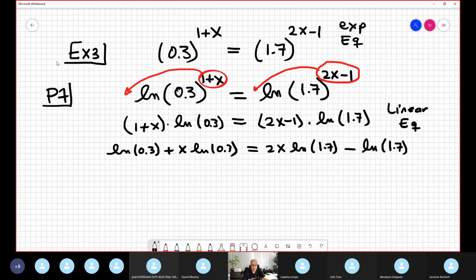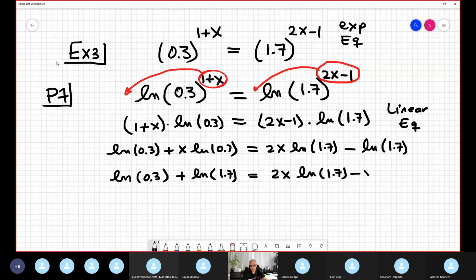Okay, my goal is, of course, x. So I try to group the terms that contain x to one side. Well, I recommend the right hand side, so this stays here. And this I move because I want to group the terms that do not contain x in the left hand side. Doesn't matter what side, but okay, I need to make a decision. This stays here, this is minus x ln 0.3.